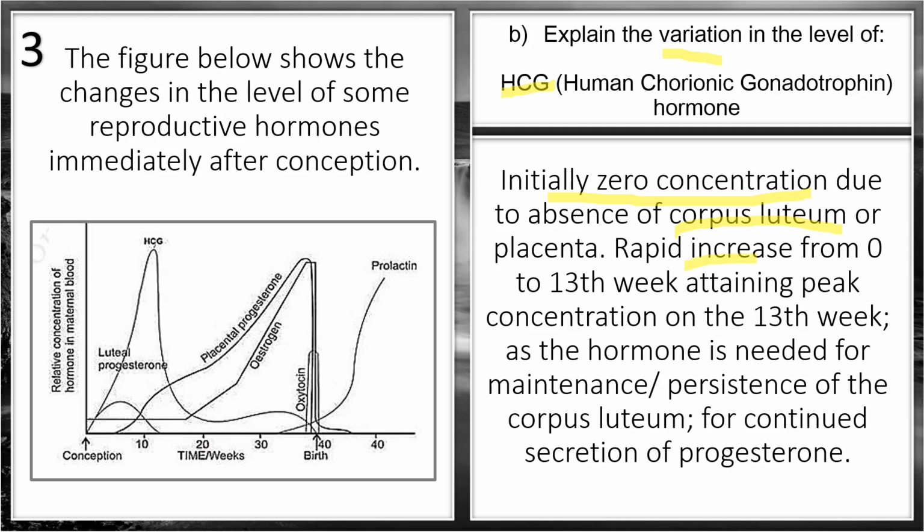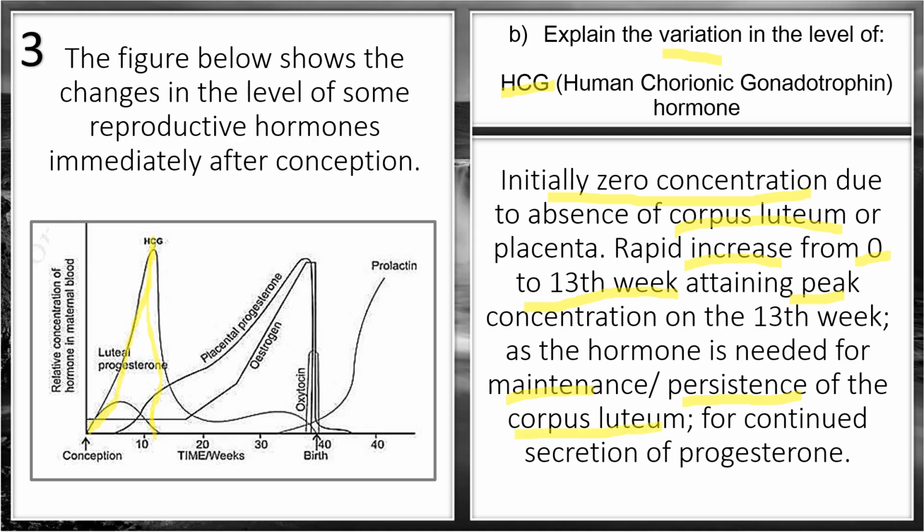But it rapidly increases from 0 to the 13th week to attain the peak. From around 0 here, it increases rapidly after around the 13th week, somewhere here. It increases rapidly and attains the peak at the 13th week, as the hormone is needed for maintenance or persistence of the corpus luteum.